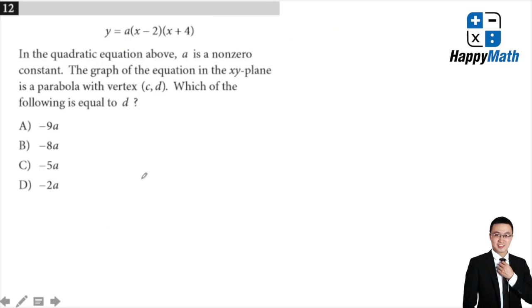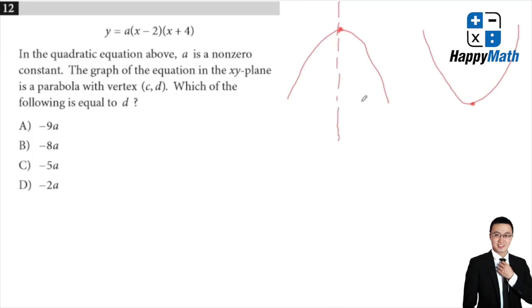In the quadratic equation above, a is a non-zero constant. The graph of the equation in the xy-plane is a parabola with vertex (c, d). Which of the following is equal to d? Okay, the vertex means the maximum point or the minimum point of the parabola. Here is a vertex. Of course, this one is also a vertex.